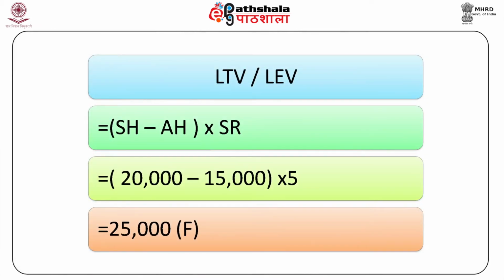Continuing with the example first taken, we can calculate labor time or labor efficiency variance, LTV or LEV, as per formula, equal to (SH − AH) × SR, that is (20,000 − 15,000) into 5, that will be equal to 25,000, which is favorable.